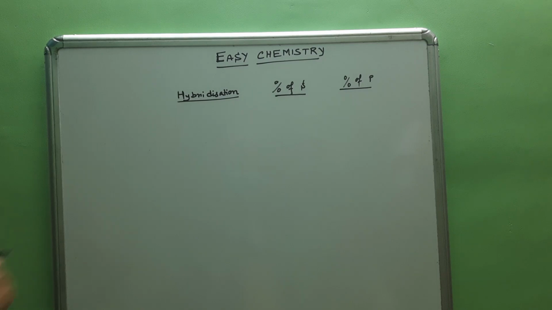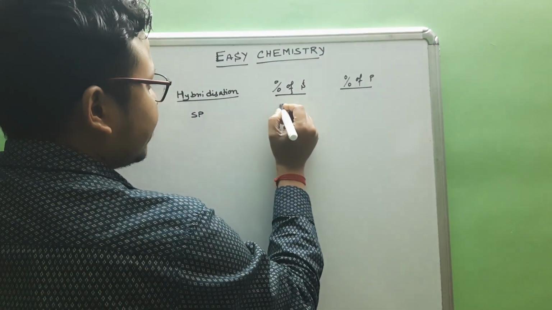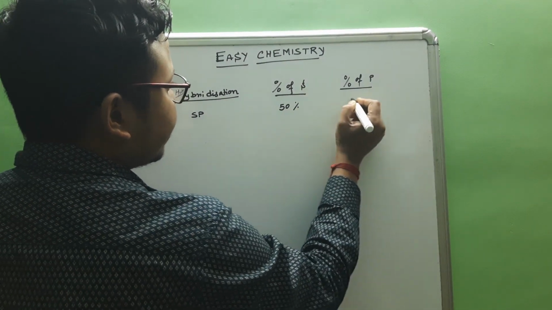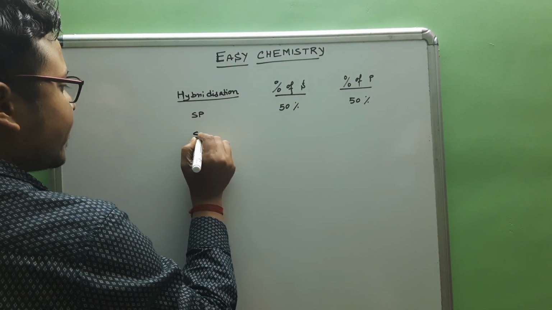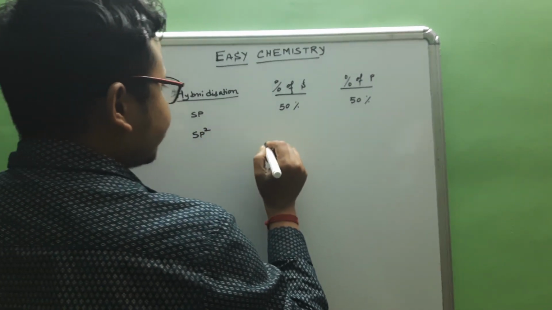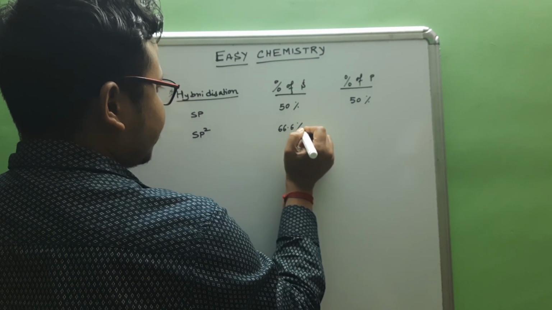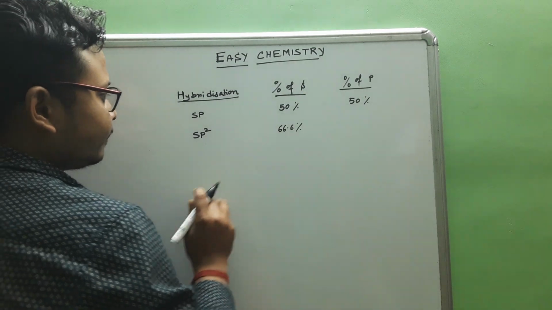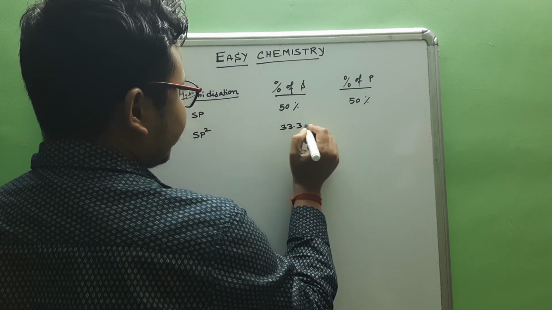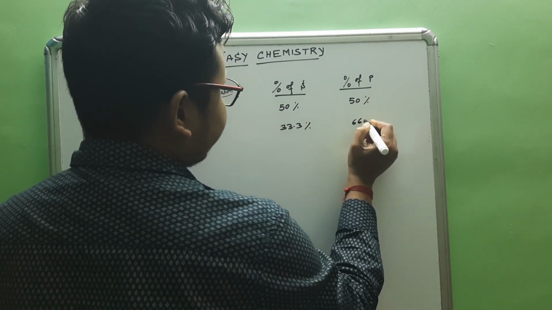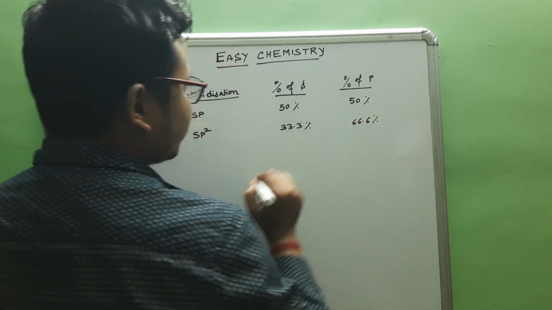So for sp hybrid orbital, percentage of S character is 50%, percentage of P character is also 50%. And for sp2 hybrid orbital, percentage of S character is 33.3%, and percentage of P character is 66.6%, almost.